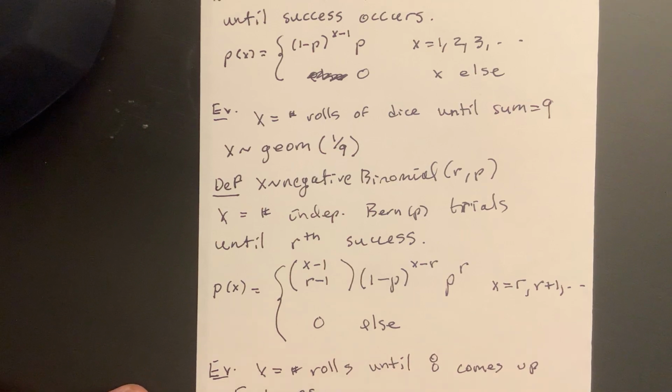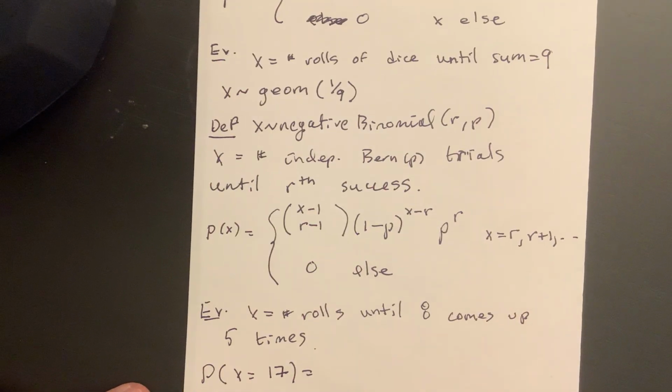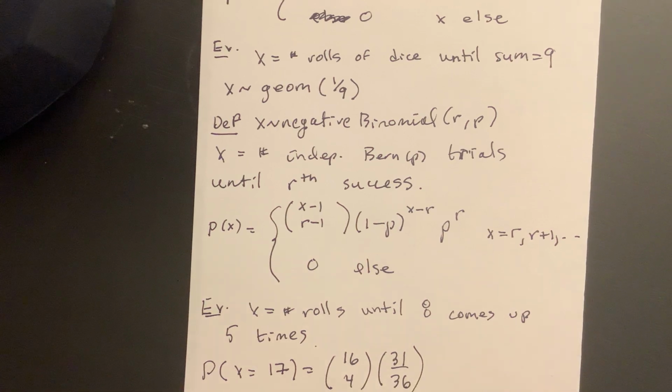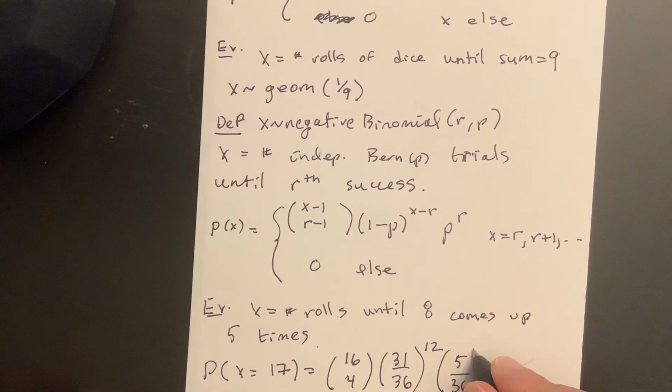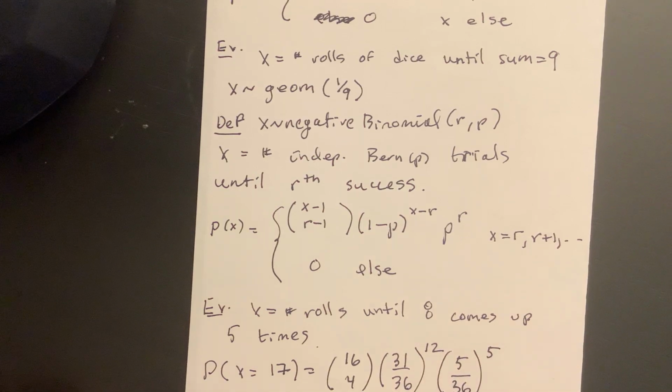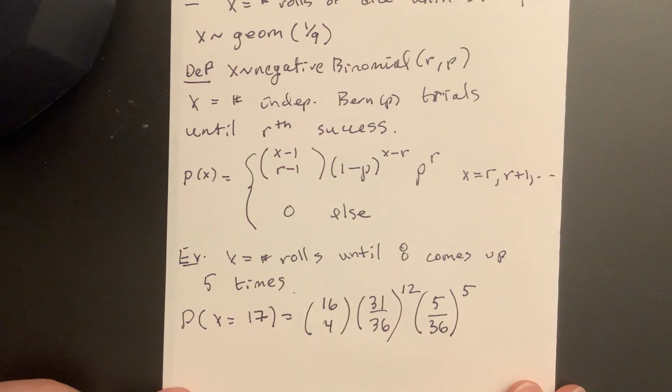I could just use the work I did up here, right? So this is just 16 choose 4. And then I have 1 minus 5 over 36, so that would be 31 over 36, and how many of those do I have? I have 12, and then 5 over 36 to the 5th, right? Okay, whatever that is. I didn't do it.